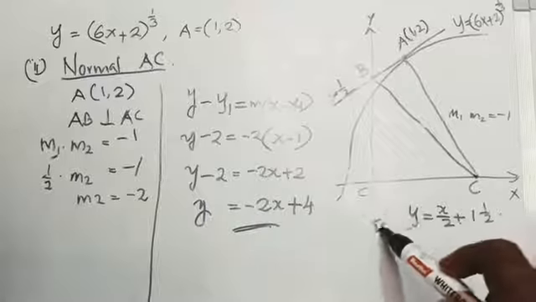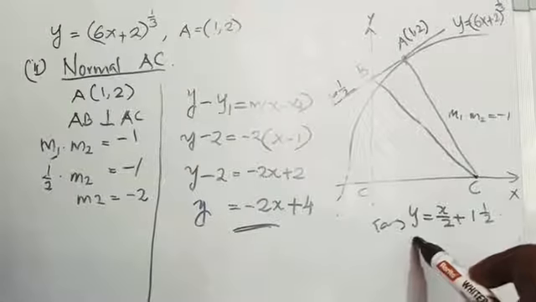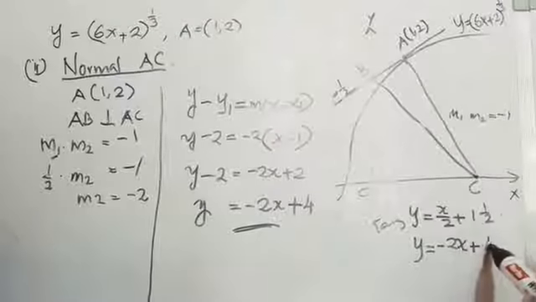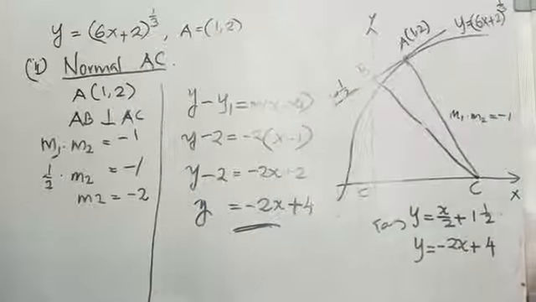So this is the equation of tangent, and the equation of normal is y is equal to minus 2x plus 4 as a result.